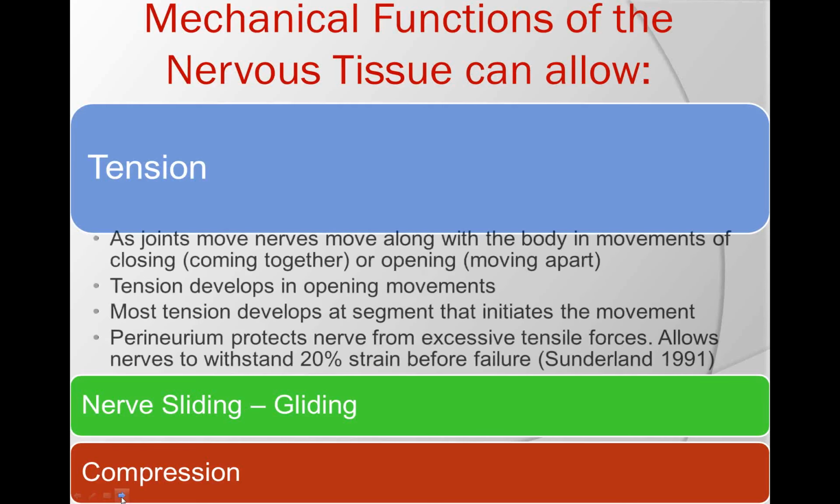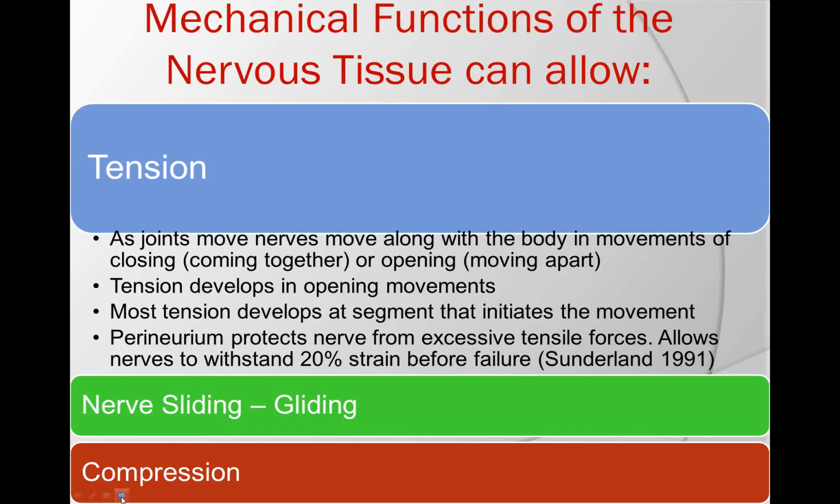What is tension? Well, tension develops in the various body movements of closing or opening. During these movements, tension will occur in the neural tissue, tension that will be accommodated by the neural tissue and protected.